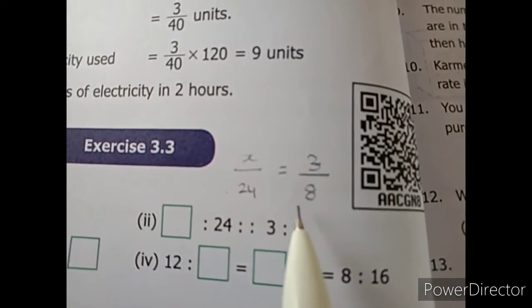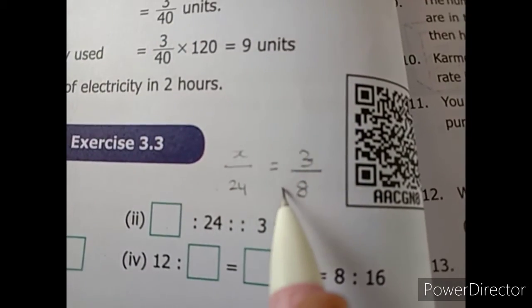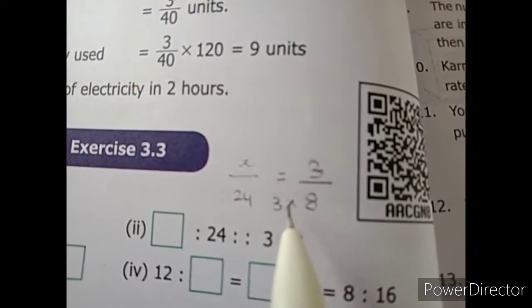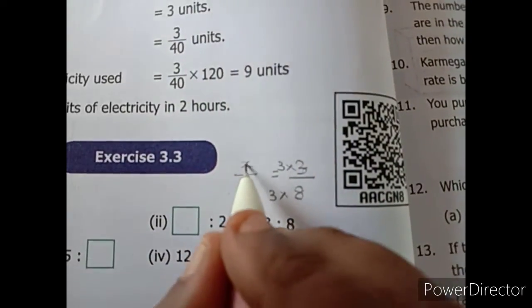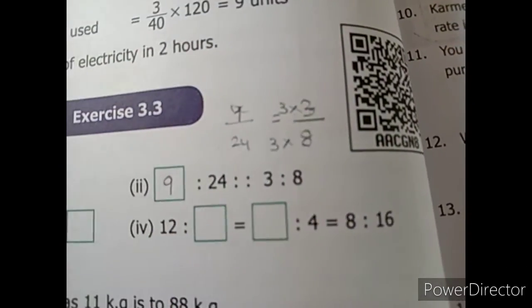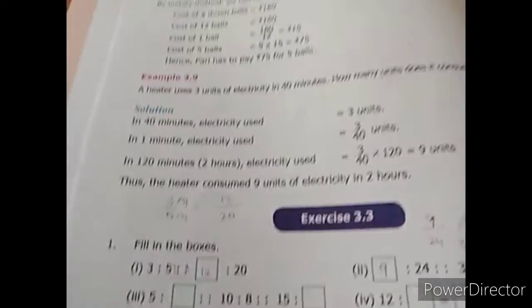So what should be multiplied with 8 to get 24? 8 3s are 24. The same 3 should be multiplied here. So 3 3s are 9. So what is the answer? The answer is 9. Shall we go with the next sum? Yes. See the next sum.